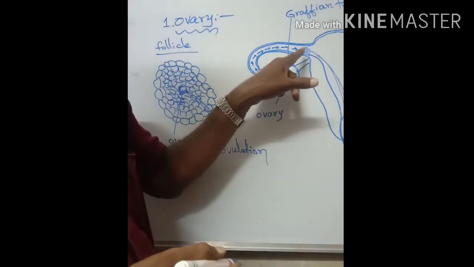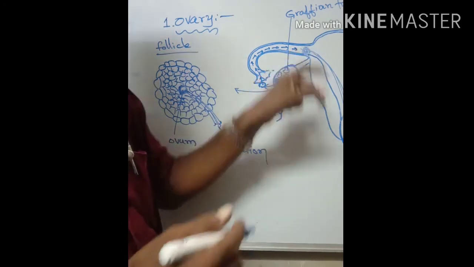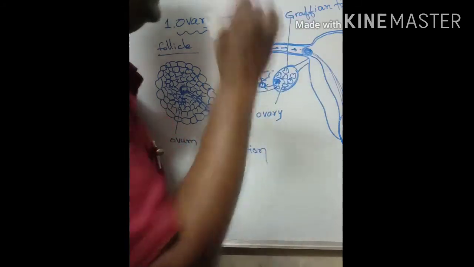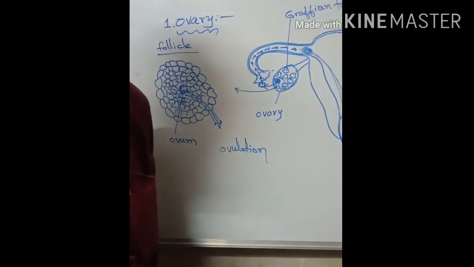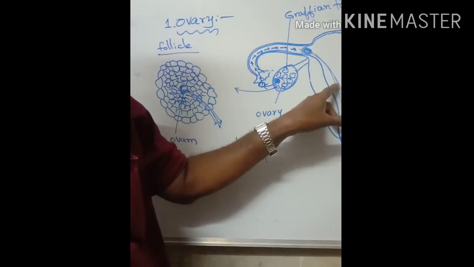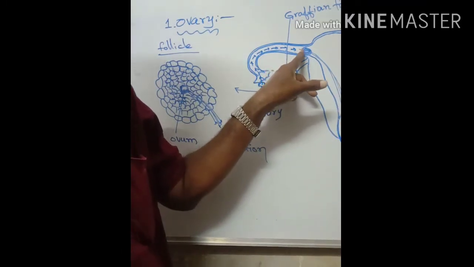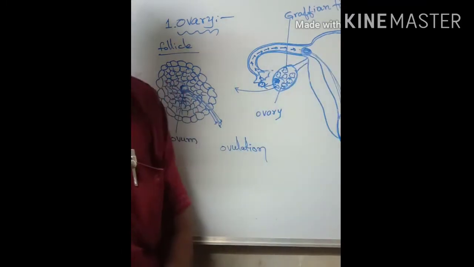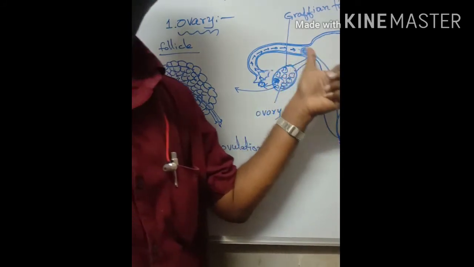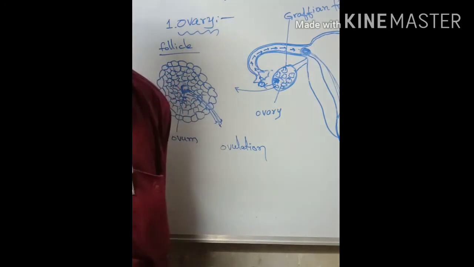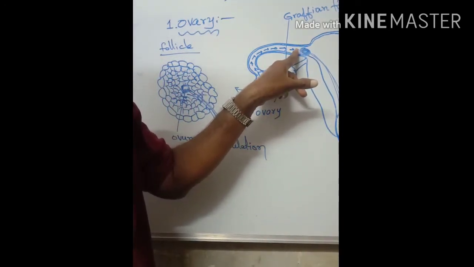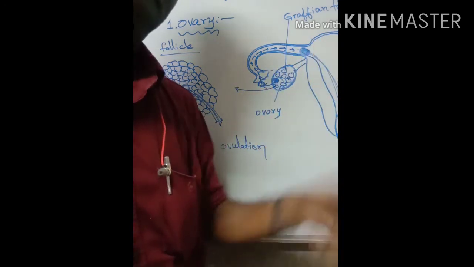Whenever fertilization happens here, it turns to an embryo. So the fusing of the sperm with the ovum is said to be fertilization. Whenever fertilization happens, the embryo is formed. In this way, embryo formation happens after fertilization.